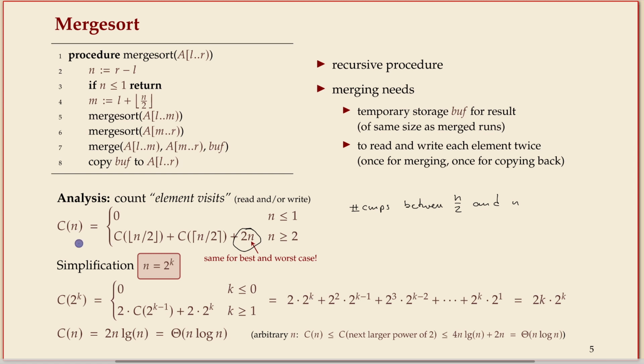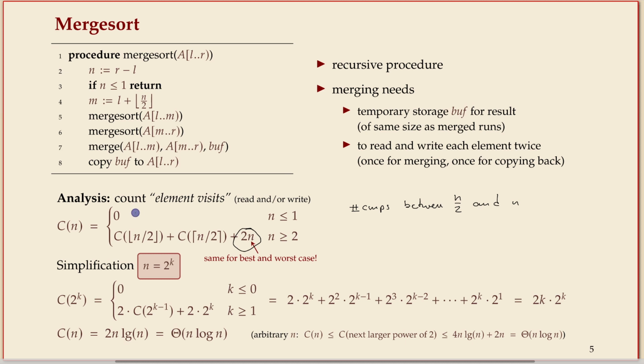So you've looked in the tutorials at recursive ways to express a function or a sequence of numbers. And that's what we'll do here for the analysis. We say C of n is the total number of element visits to sort an input of size n. And if the list is short, just a single element, we don't actually touch that element. We just return right away.